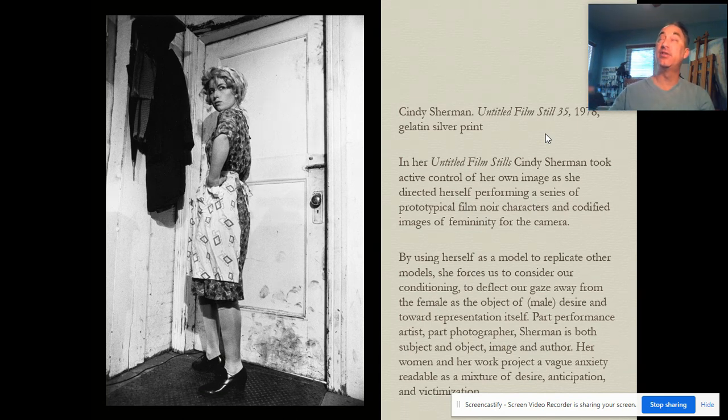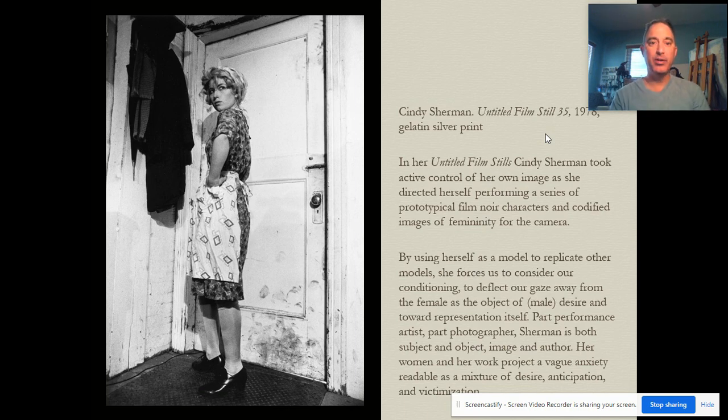In this Untitled Film Still series, what she's doing is drawing from film noir characters, the old black and white detective style movies, and drawing from images of femininity to create dioramas almost, an oeuvre of the socialized understanding of females during this time, societal expectations, societal reactions, but from a very feminine and not masculine point of view.